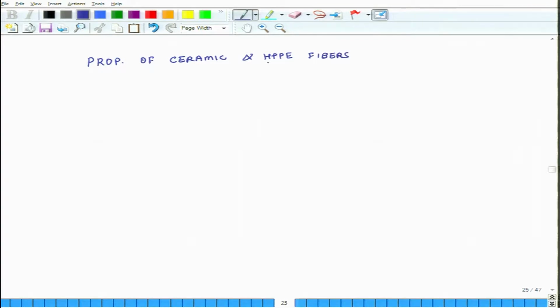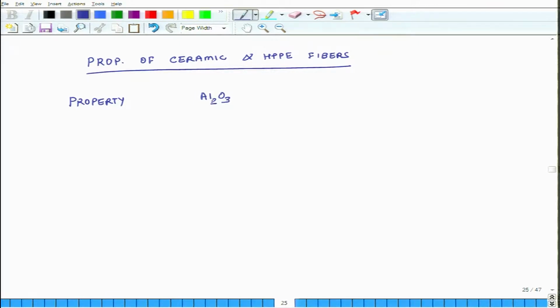It is important to look at properties so that we appreciate some of the unique things about these materials. So, we will again construct a table of properties, and let us look at different fibers.